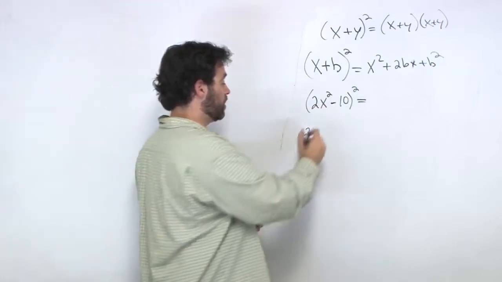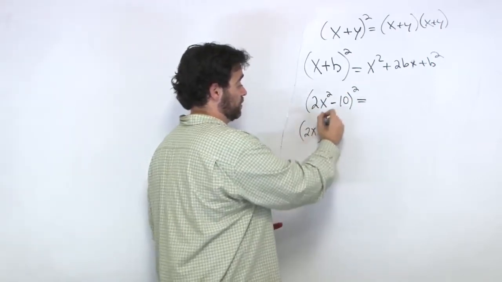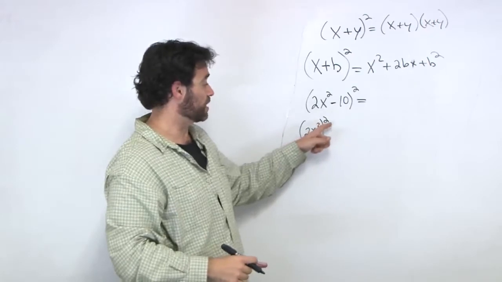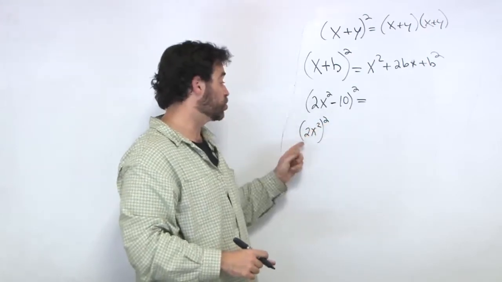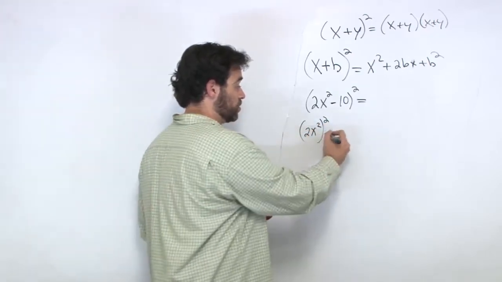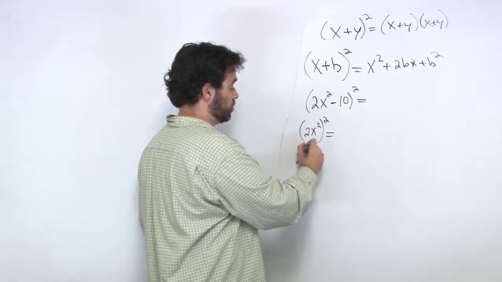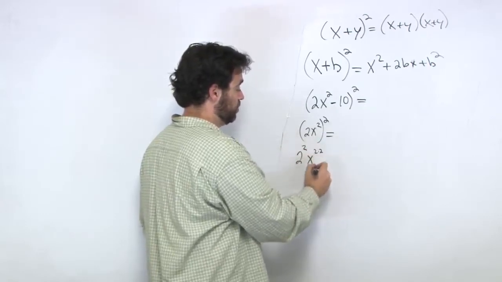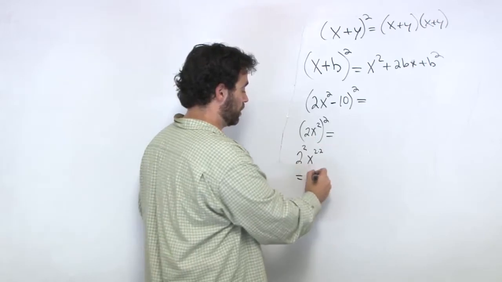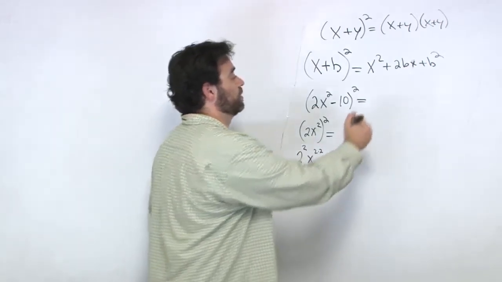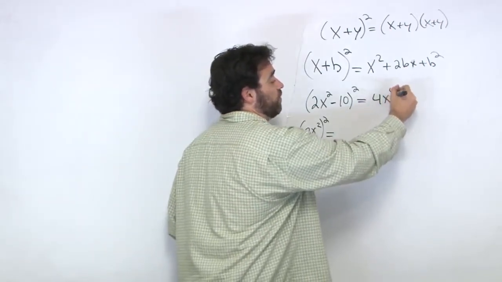We'll take that 2x squared and square it. So (2x squared) squared gives us 2 squared and x to the 4th, which is going to give us 4x to the 4th. There's our first term, 4x to the 4th.